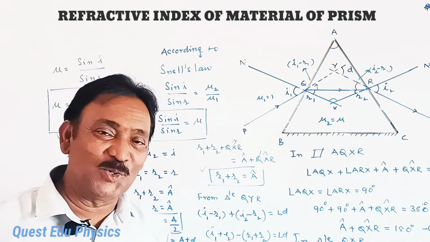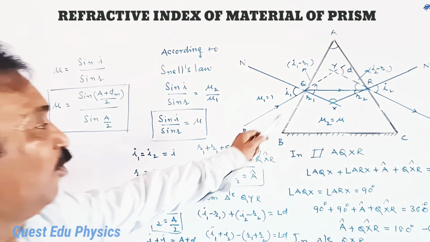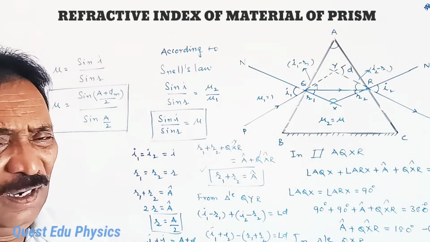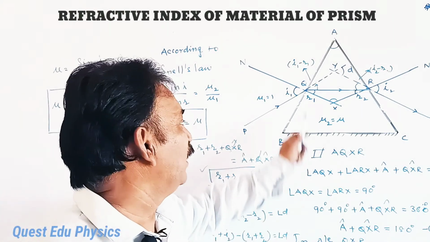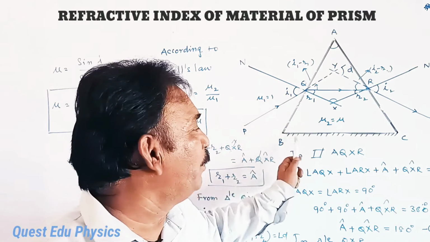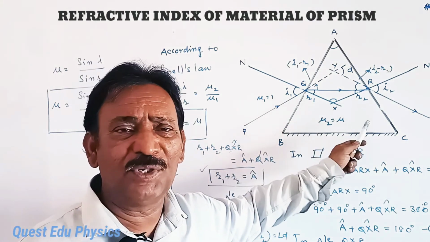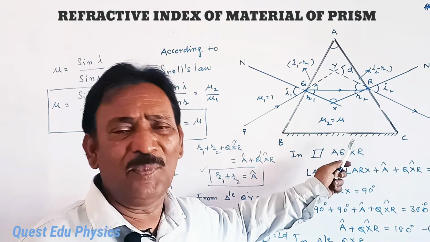Okay, students, I hope you understood. Here, what you have to remember is what the minimum deviation position is. It is very simple, students. When the refracted ray is parallel to the base of the prism, that condition is said to be the minimum deviation position. And what are the results from that?